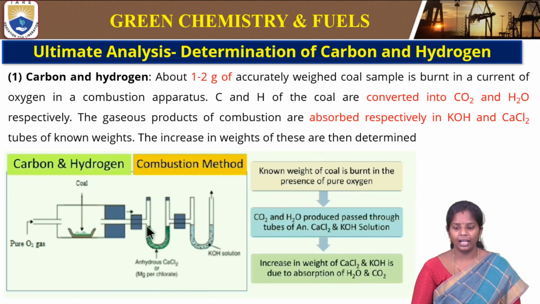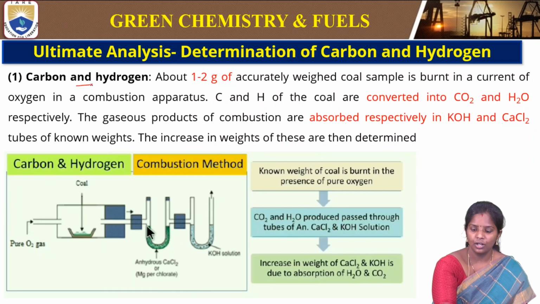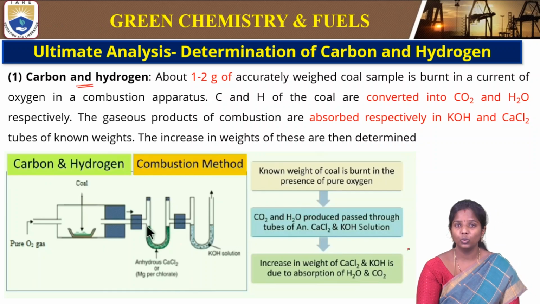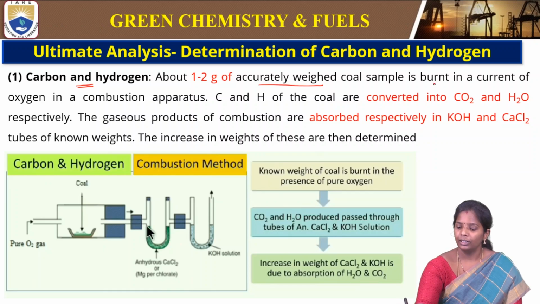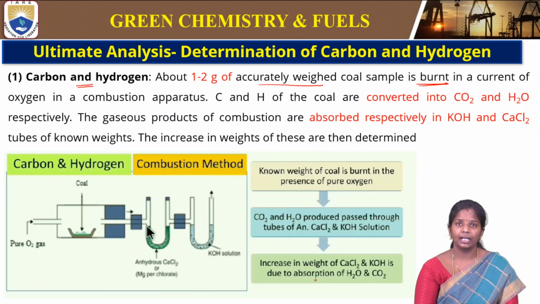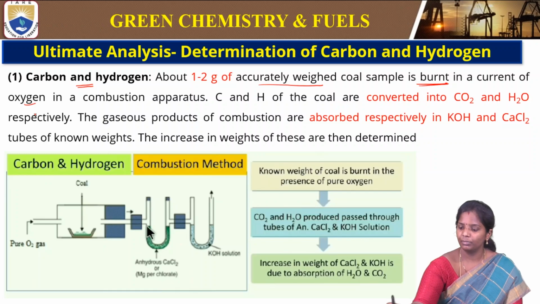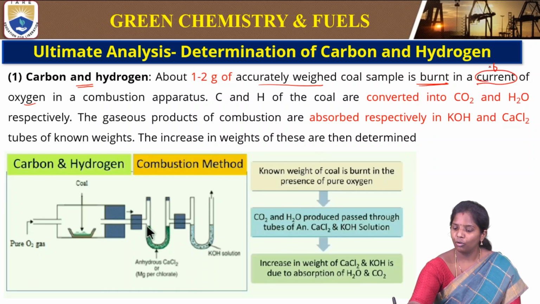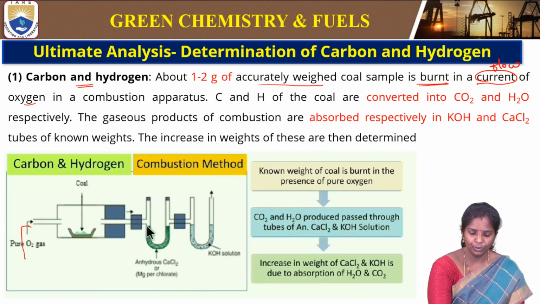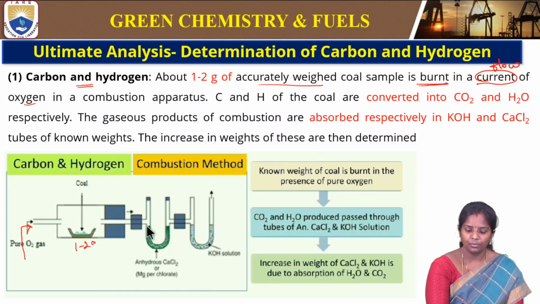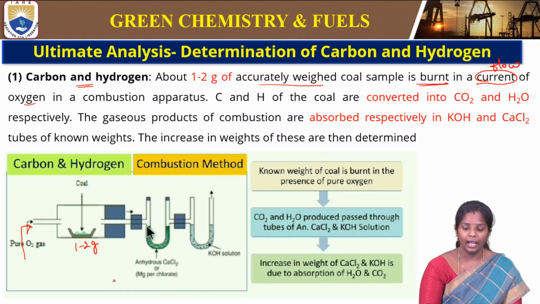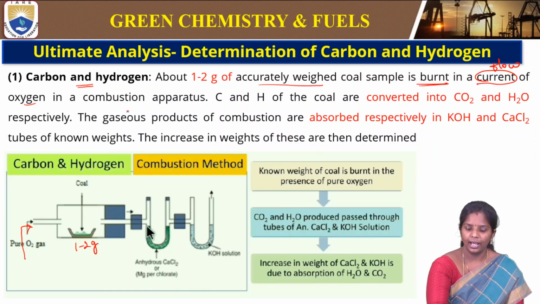In this ultimate analysis, to determine carbon and hydrogen, we take 1 to 2 grams of accurately weighed coal sample, which is burned in a current of oxygen. Current doesn't mean electric current, it is a flow of oxygen. We send pure oxygen from this end, and the 1 to 2 grams of sample is kept in a crucible in the combustion apparatus.